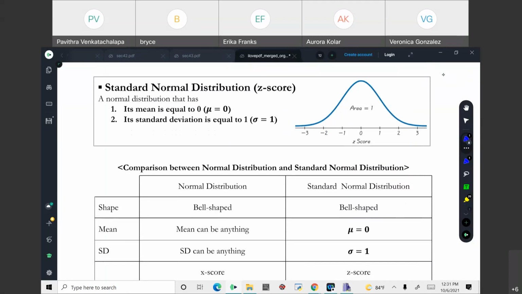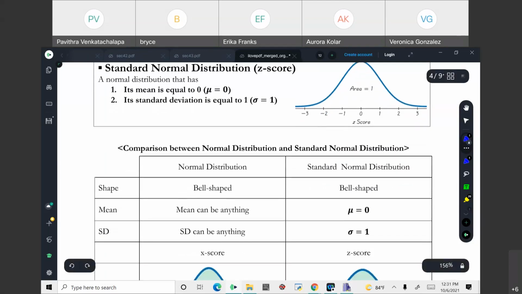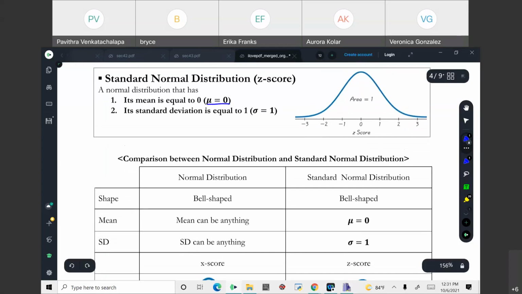That table which I gave you just now is the Z score for a variety of areas. Now remember, mu is equal to 0, sigma is always equal to 1, and the total area under this curve will always be 1 or 100%. Keep remembering these values. It is very useful.